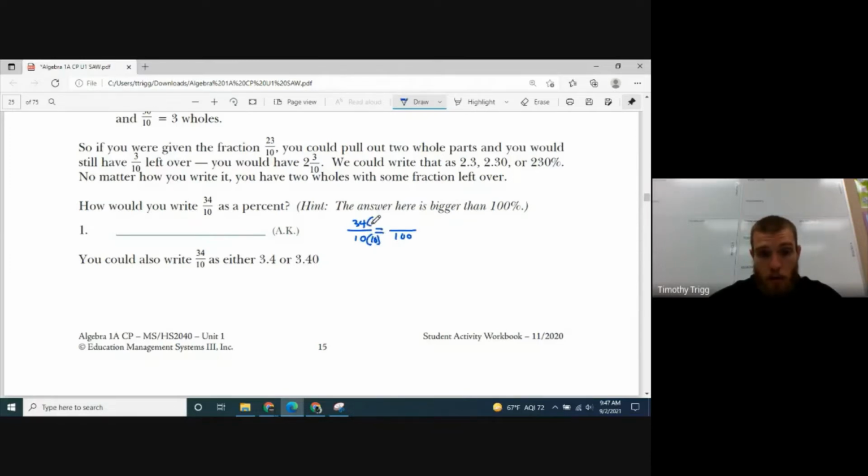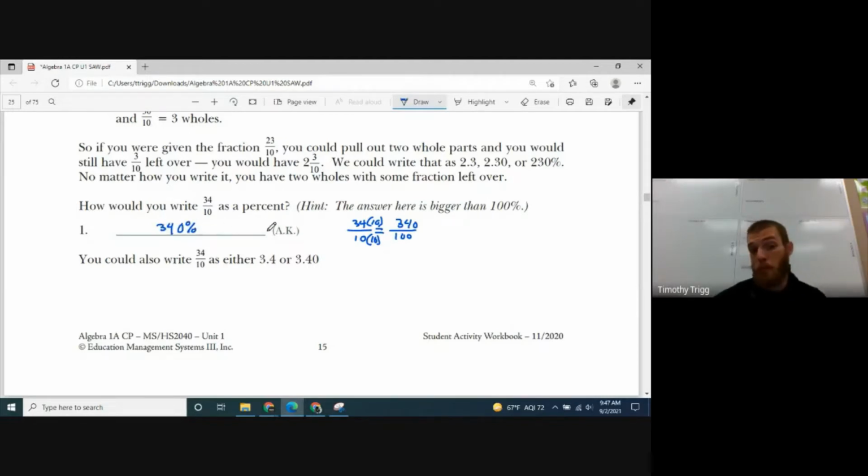So you multiply the numerator also by 10, and that'll give us 340 out of 100. And to change that to a percentage, whatever number is above 100 here tells you the percentage. So that's 340%.